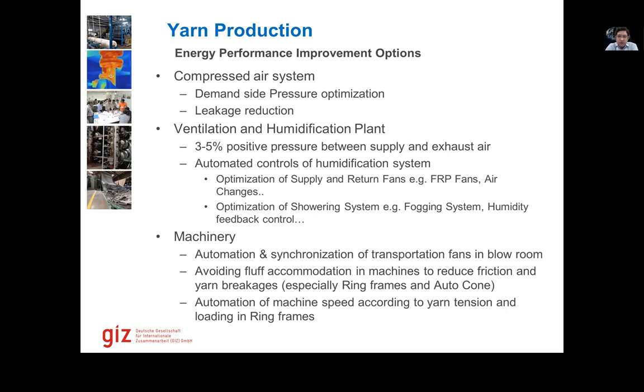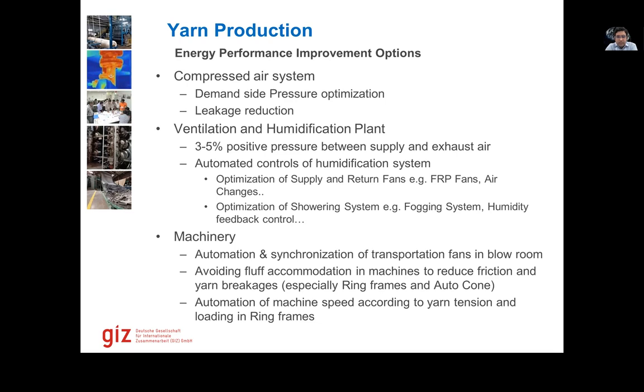And if they are doing humidification, for example with a fogging system, we can install humidity sensors in the spinning section and feed that back to the humidification plant, and we can control the pumps and the fans there. So that is how we can optimize the ventilation and humidification plant.